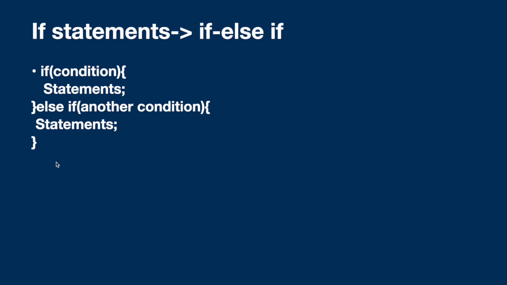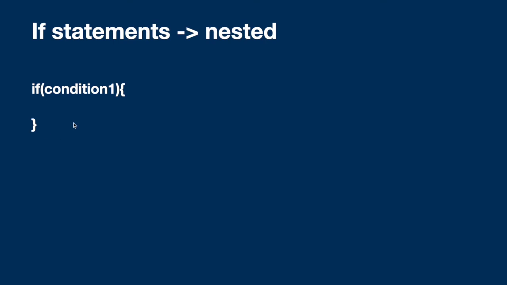Okay, and if statements can be nested. Nested means we can have if statements inside if statements. So if we have an if statement here with a condition, and this is true, we will go in between these braces and execute these statements.